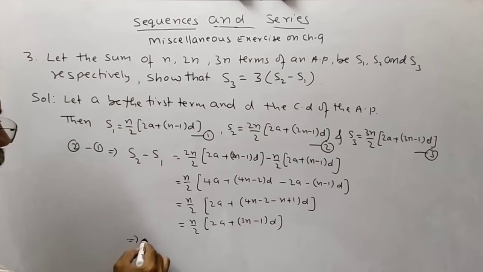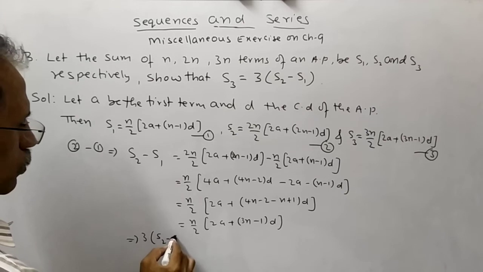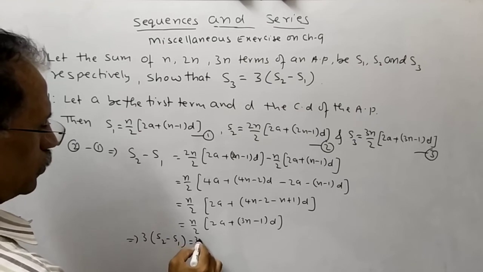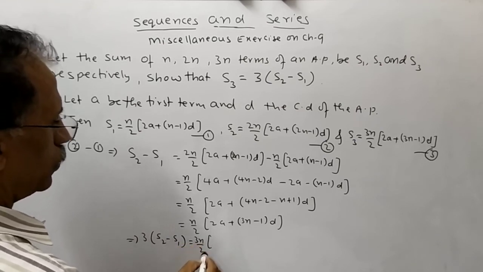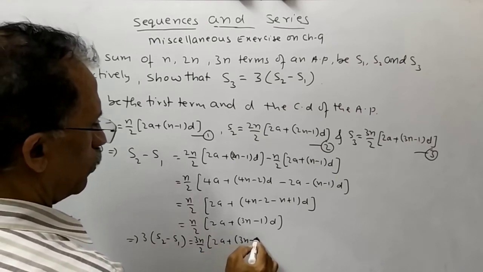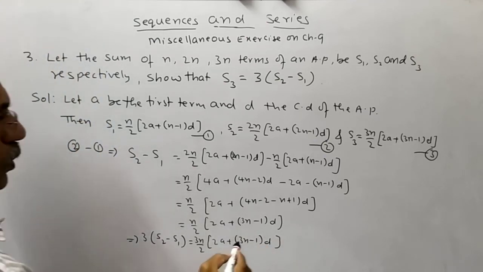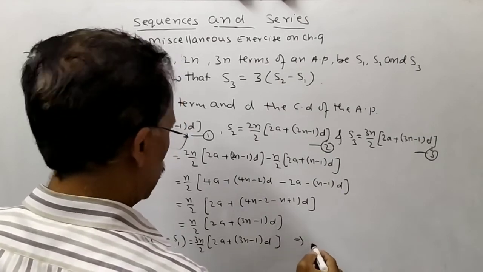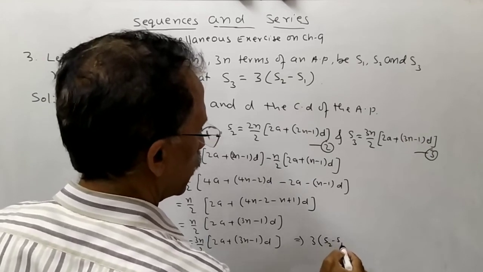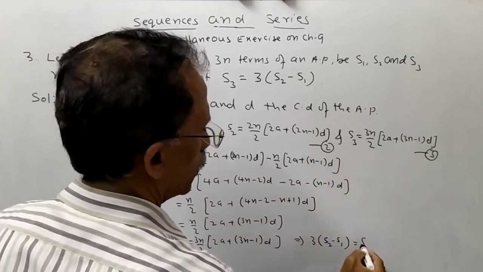This implies 3 times of S2 minus S1 is equal to 3n by 2 into 2a plus 3n minus 1 into d. This implies 3 into bracket S2 minus S1 is equal to S3.